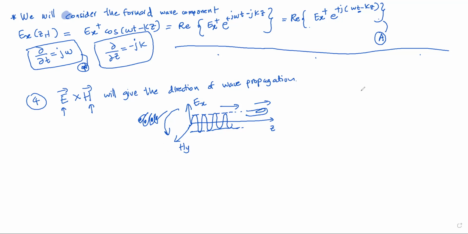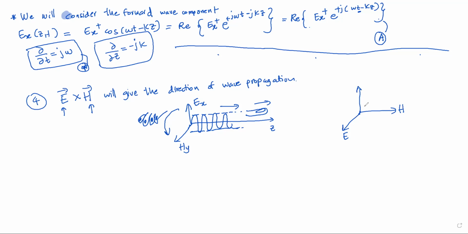Okay, so if you have, for example, the magnetic field in this direction and the electric field in this direction, right? What is the direction of the wave propagation? Right.